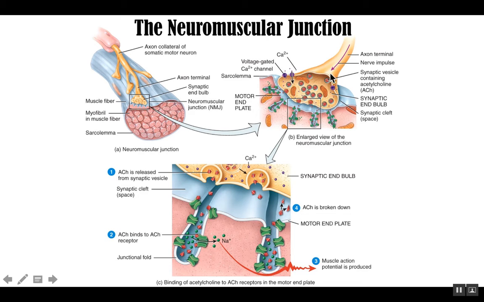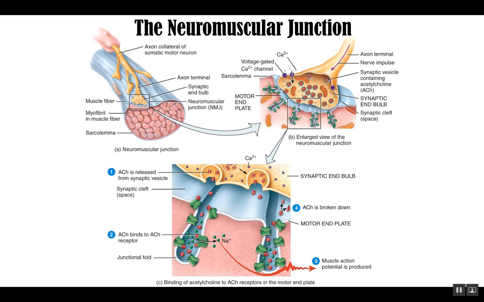So inside the end bulb, there are tiny little vesicles called synaptic vesicles. And inside those vesicles, which are in essence little containers, is the neurotransmitter acetylcholine. Acetylcholine is a very common neurotransmitter. It's used throughout the nervous system. It's also used at the neuromuscular junction.